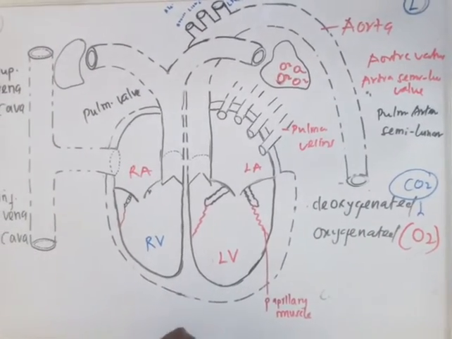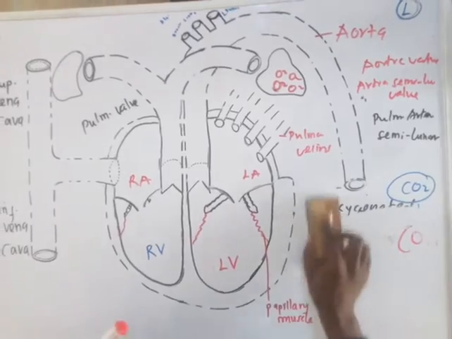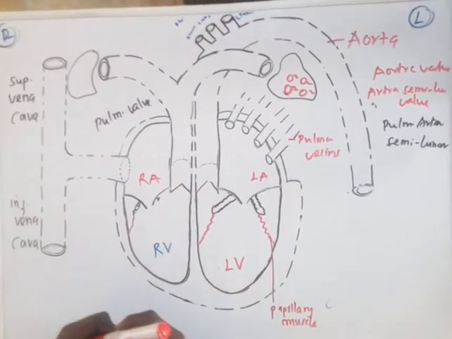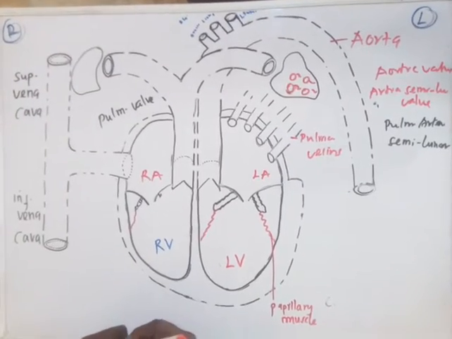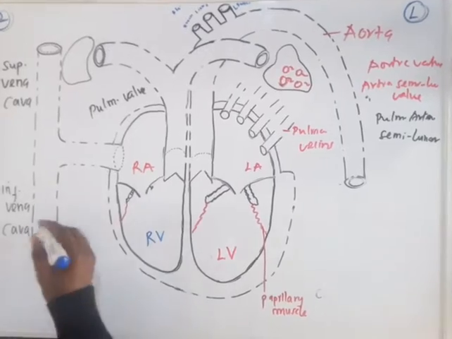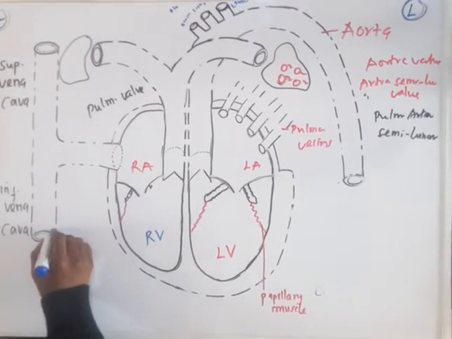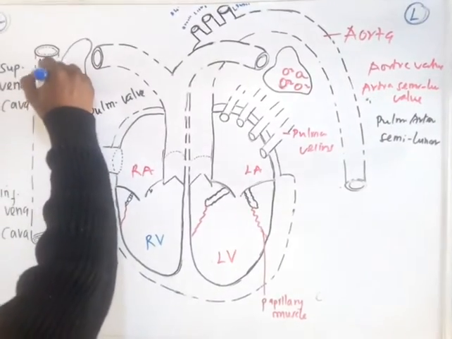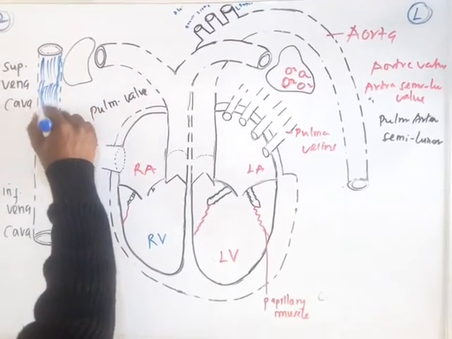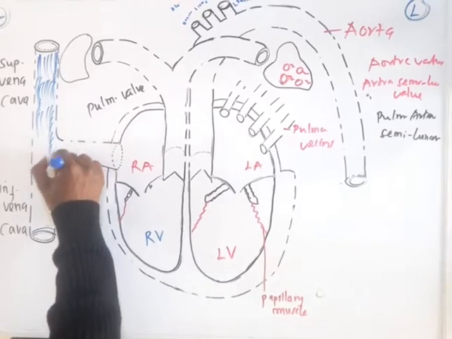Let's describe the blood flow through the heart. Now, the vena cava is the major vein in the body, right? It contains deoxygenated blood from the body. I'm representing it in blue, but we don't have any blue blood in the body.